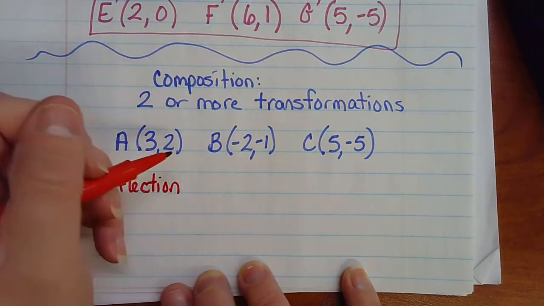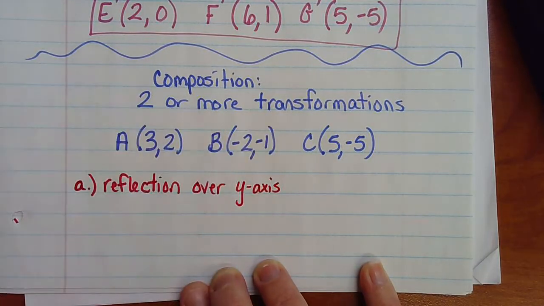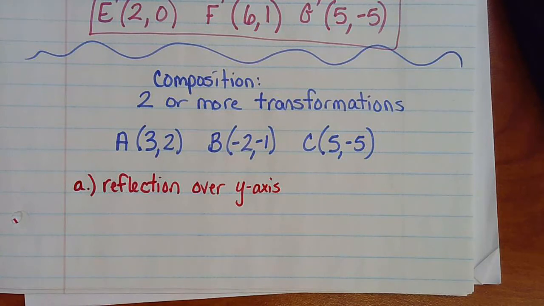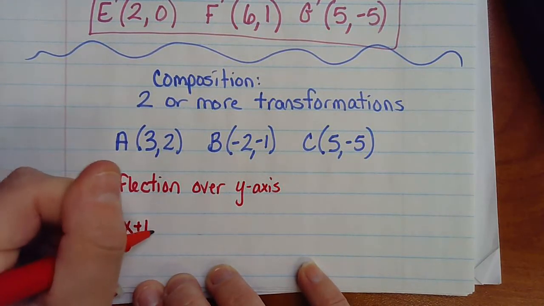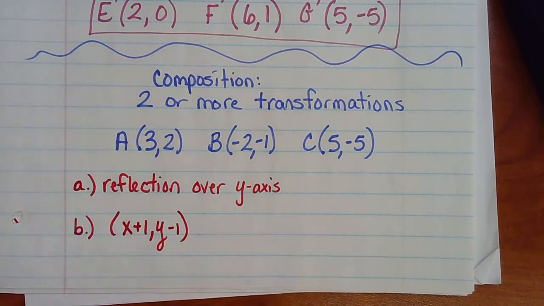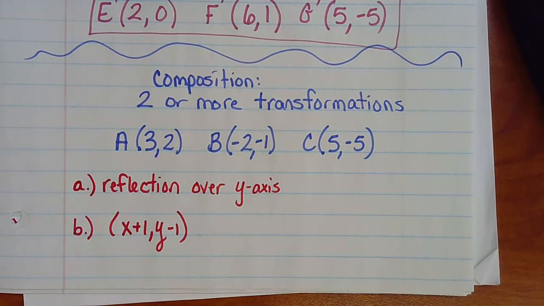We're going to do a reflection over the y-axis first. After we do the reflection over the y-axis, then we are going to do a translation of x plus 1, y minus 1. So we're going to start out with the reflection. We're going to do that first. And then after the reflection, we're going to take those points that we got from the reflection, and then we're going to translate them.